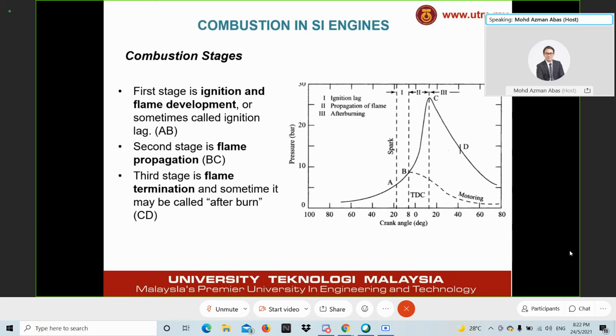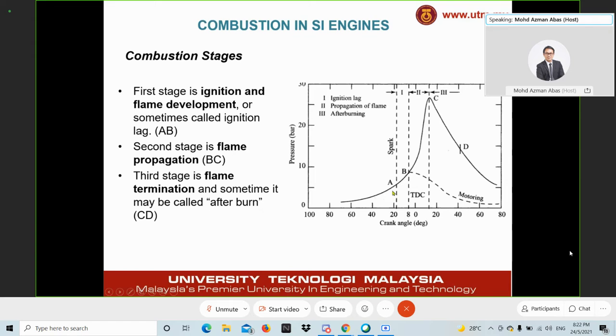So based on the pressure profile of the combustion against crank angle, this is a clearer picture compared to the previous one, where it shows the phases: phase 1, which is the ignition and flame development, then the second phase, which is the flame propagation, and lastly the final phase, which is the flame termination.